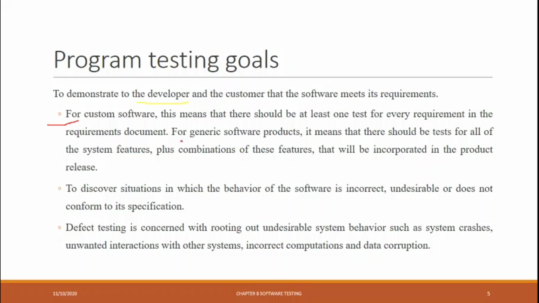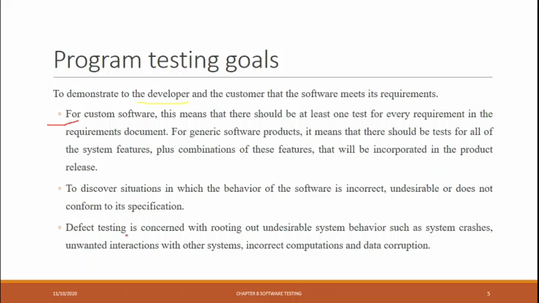And in the generic product it is the same as what we did in the custom software, along with a combination of all the stages, which we have to check once again before the product is released to the customer. The second goal is to discover situations in which the behavior of the software is incorrect, undesirable, or does not conform to its specification.